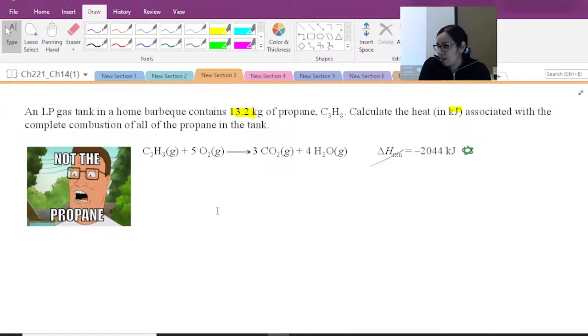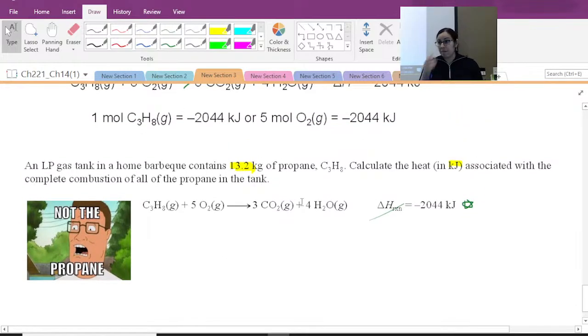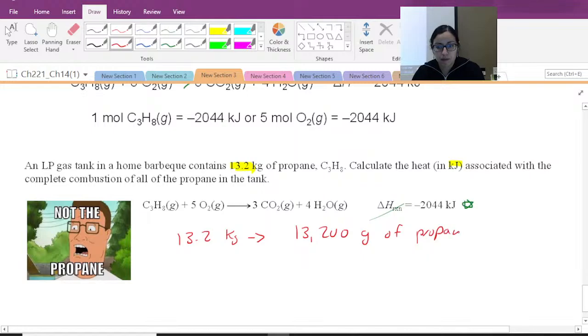How are our calculations coming? I have an answer. I started just by converting the 13.2 kilograms to grams. So multiply it by 1,000, you get 13,200 grams. And then I found the molecular mass of propane, which was 44.097 grams per mole.